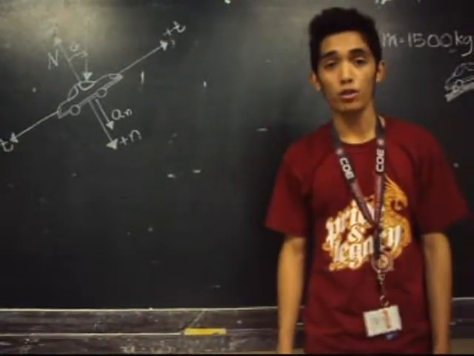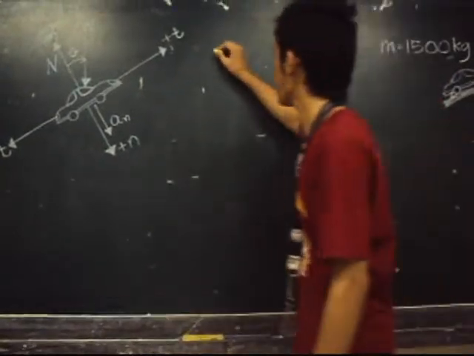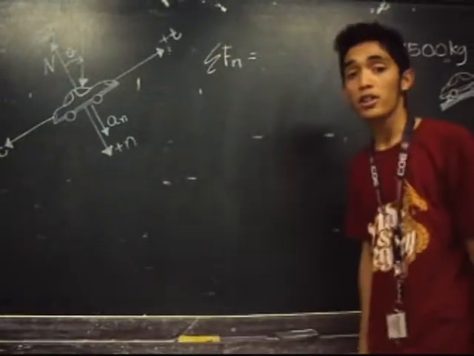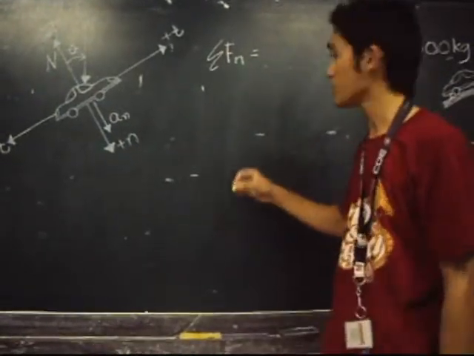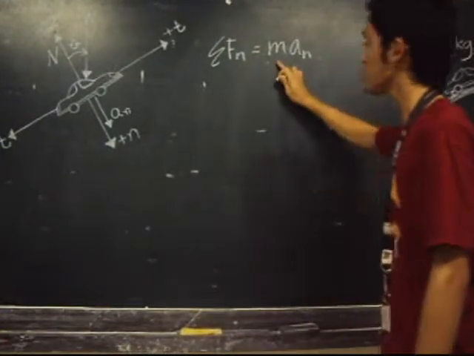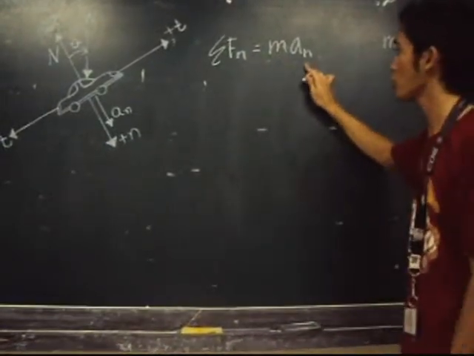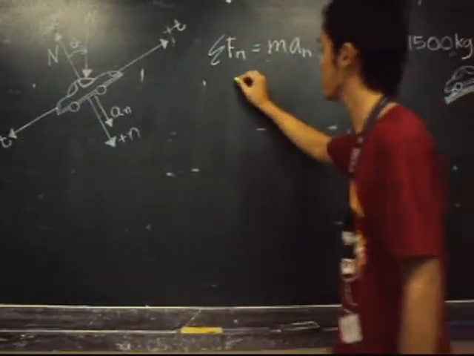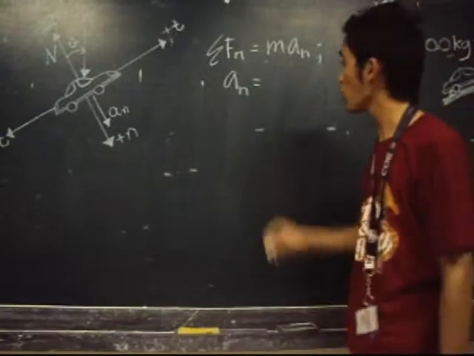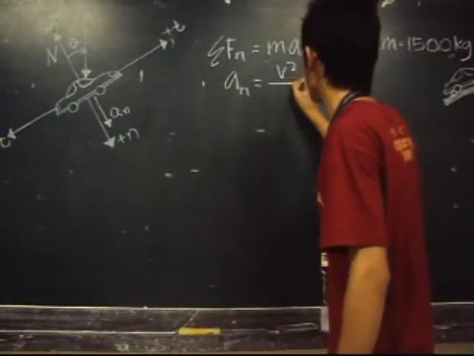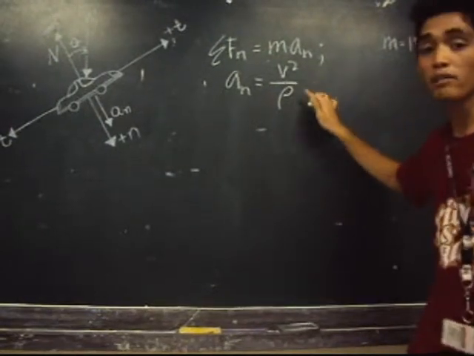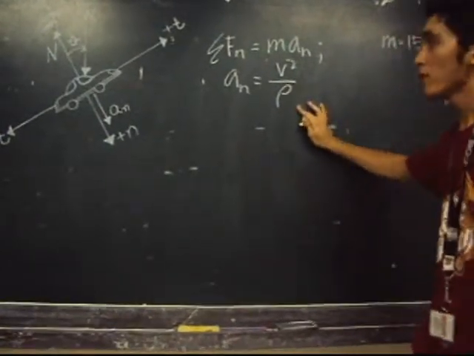From the equations of motion, we have the summation of forces along the normal coordinate equal to the mass of the car times the normal acceleration, wherein our normal acceleration is equal to the square of the velocity of the car over the radius of curvature.